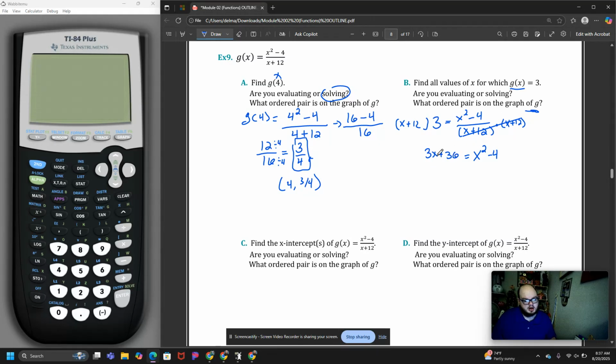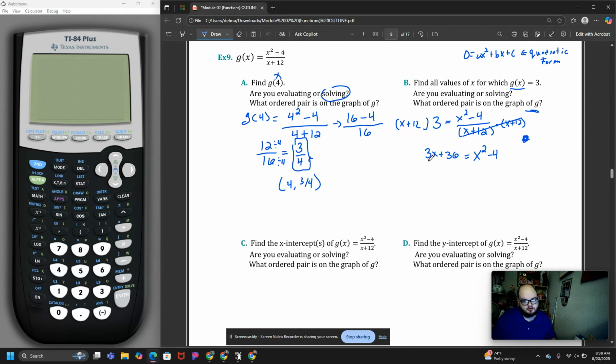Okay. Now I need this to look like a quadratic. I need it to be, whoa, that's an a. I need it to be 0 equals x squared plus bx plus c. Okay, I need it in the general quadratic form. It's not there yet, is it? It's kind of everywhere. So let's make that work.